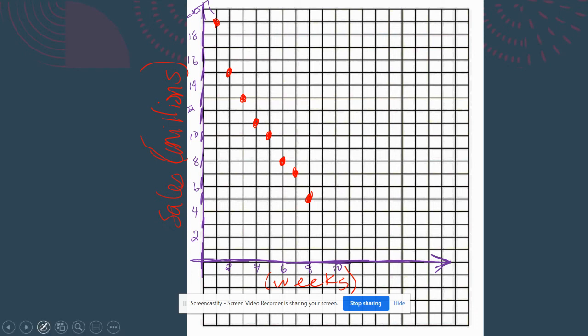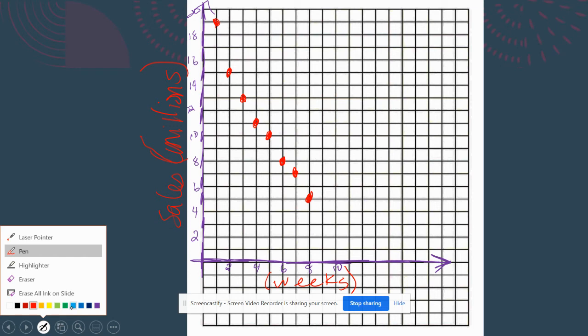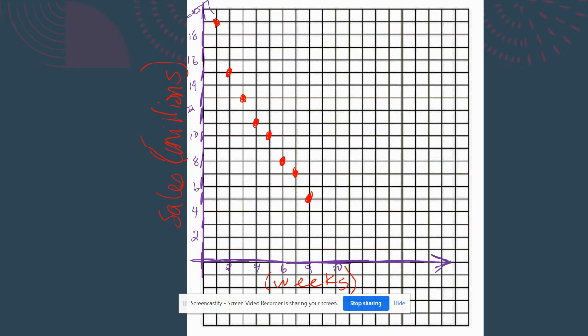So if I had a ruler, I would totally be using a ruler right now. But since I don't, I'm just going to have to freehand. So pardon my not exactly straight line.